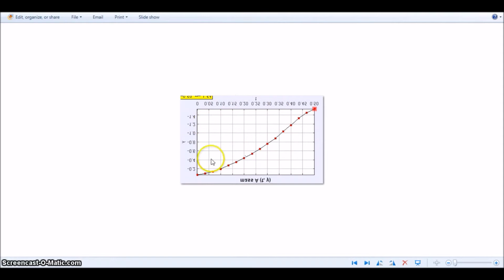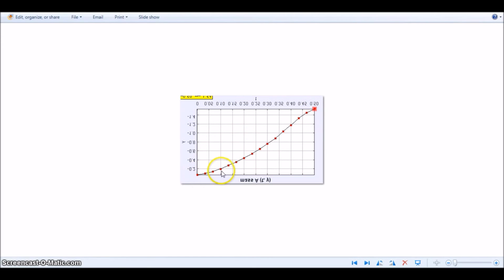This is what it should look like. So as you can see in this diagram, don't mind the labeling, since this is a distance time graph, it will indicate that the object is accelerating and the velocity is increasing.